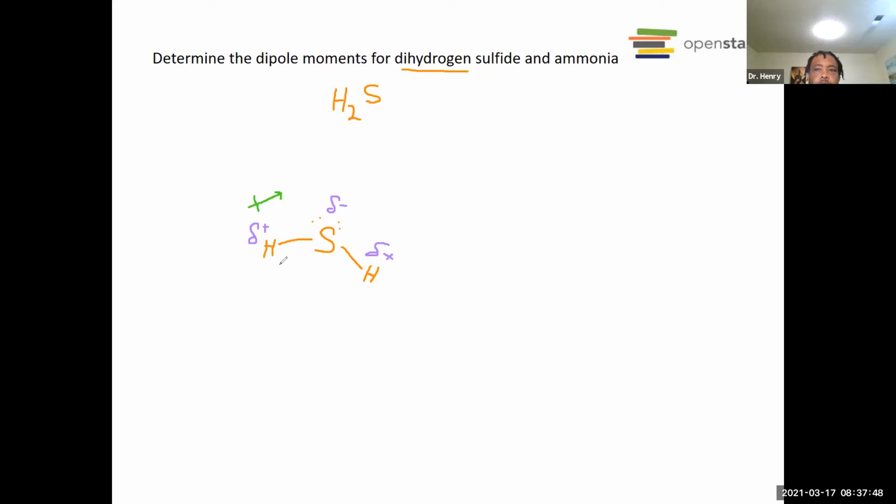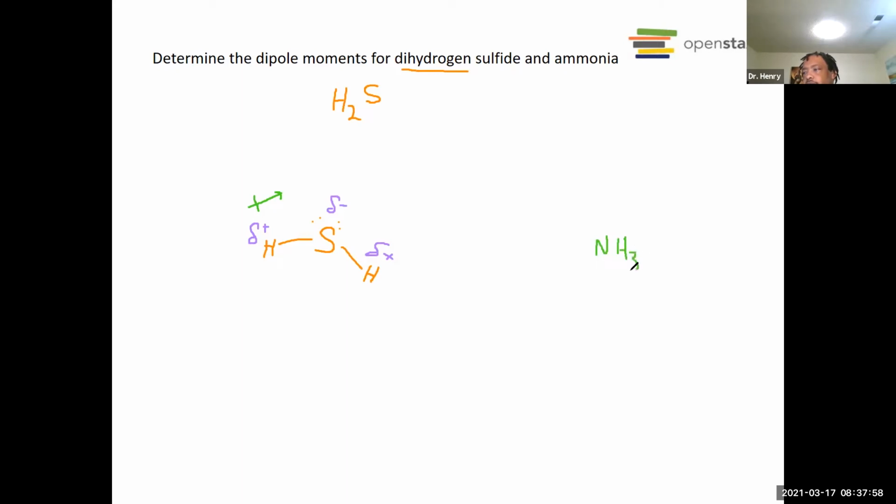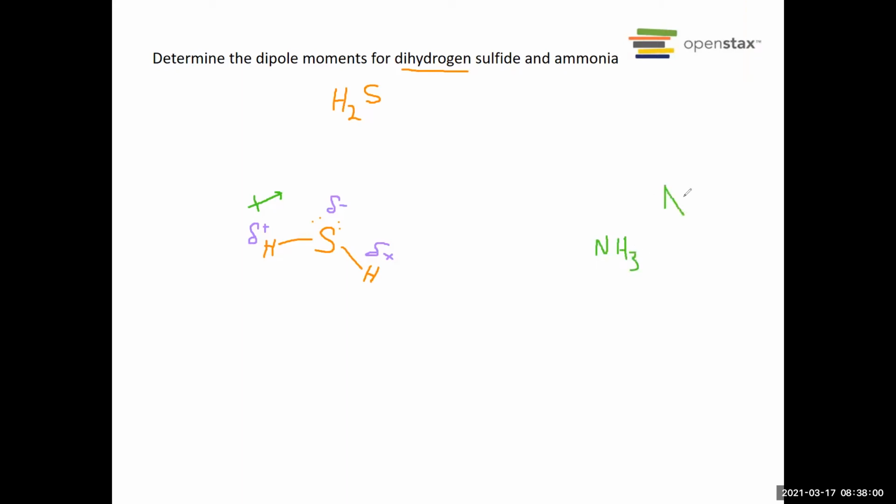Okay. Now, Kayla, tell me about ammonia. NH3. And then who's in the center? Nitrogen. With hydrogen on the ends, 3. And then 2 electrons on the nitrogen, lone pair. So 1 lone pair.